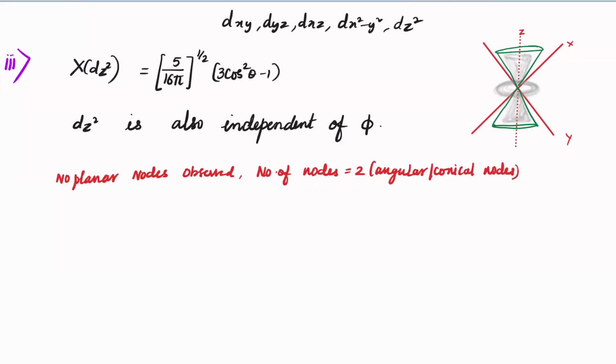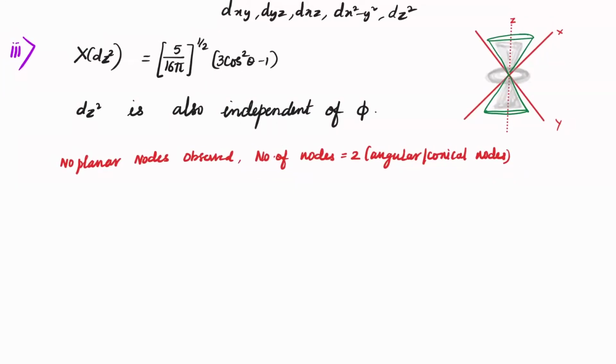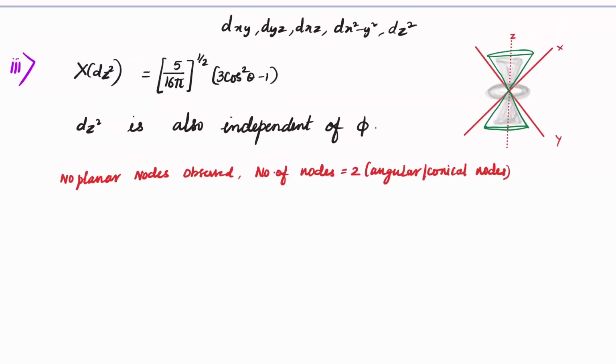So the number of nodes being 2, which is angular or conical nodes. Got it? Same way, this time, if you notice the other orbitals.